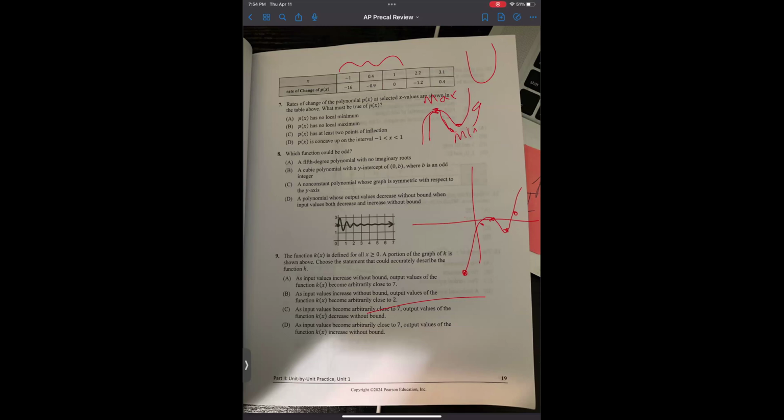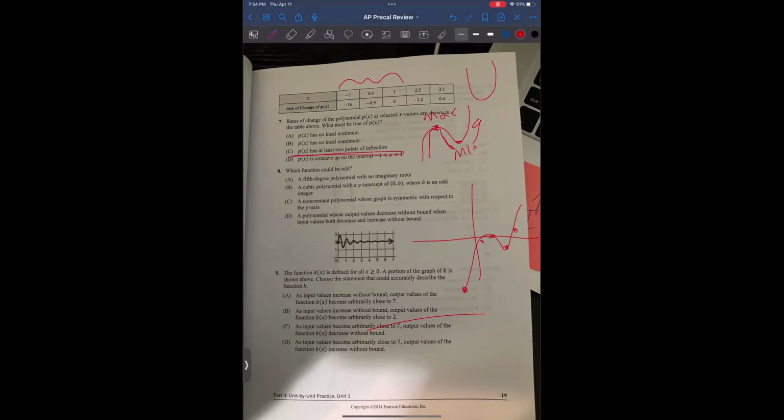Because I cannot say for certain, I'm going to rule out option D, because I can't say for certain that there is another point that creates a concave up. I don't have enough proof. And my whole thing here says what must be true, right?